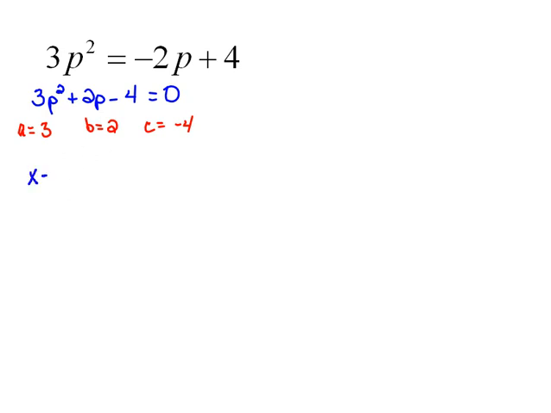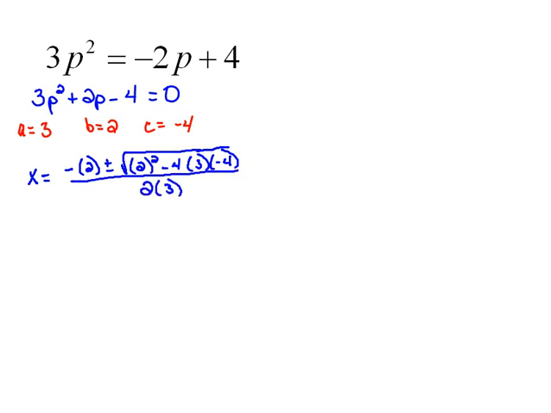So x will equal the opposite of b plus or minus the square root of b squared minus 4 times a times c all over 2 times a. And then we start simplifying.